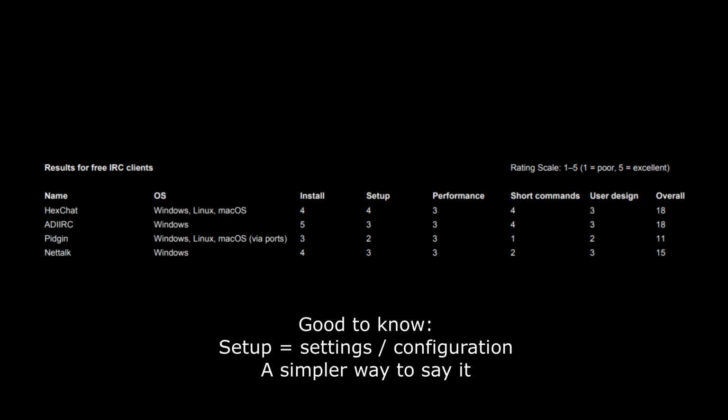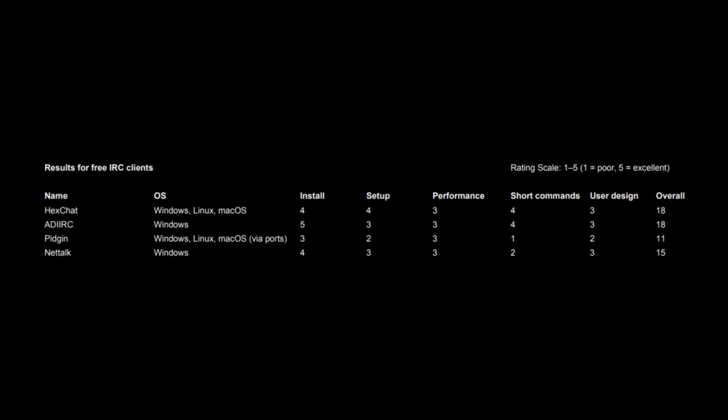Setting up an IRC client can be frustrating and sometimes requires knowledge of network servers and ports. But in this case it was very easy with HexChat, where everything was ready-made. To be completely honest, I chose a measurement category that is difficult to assess on my computer: performance. I couldn't see any major difference and the lag I experienced was probably on the server side.